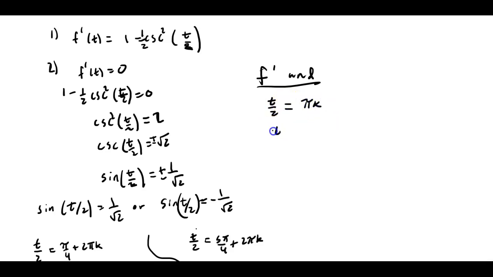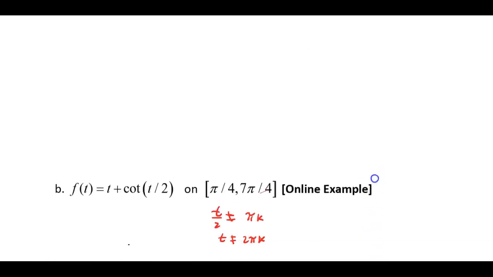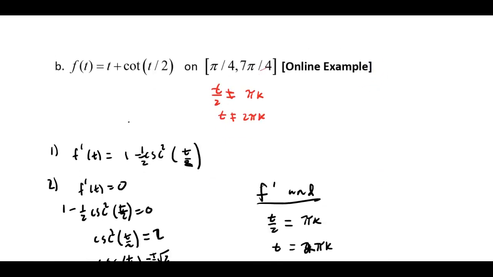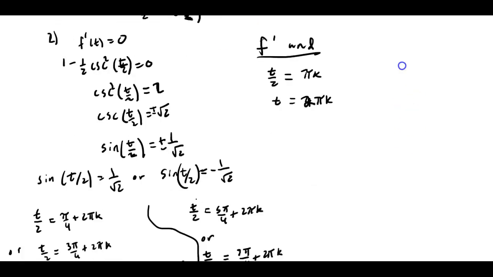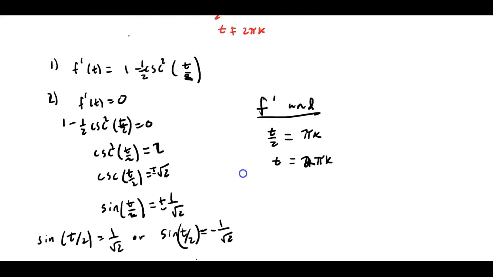This should look familiar because these are the same restrictions we had on the original function. That makes sense because the original function has cotangent, which is cosine over sine, with sine in the denominator, and sine is 0 at multiples of pi k. The derivative has a 1 over sine in it, and sine is 0 at any multiple of pi k.